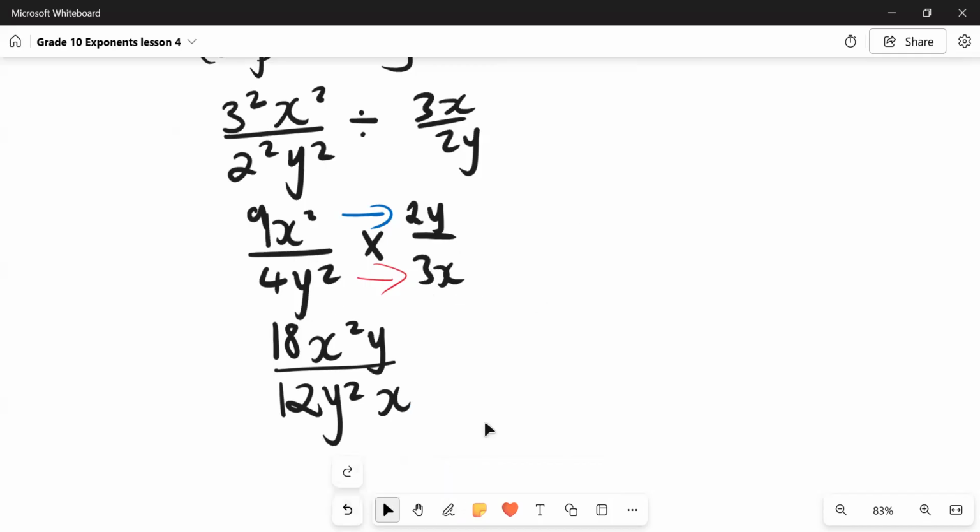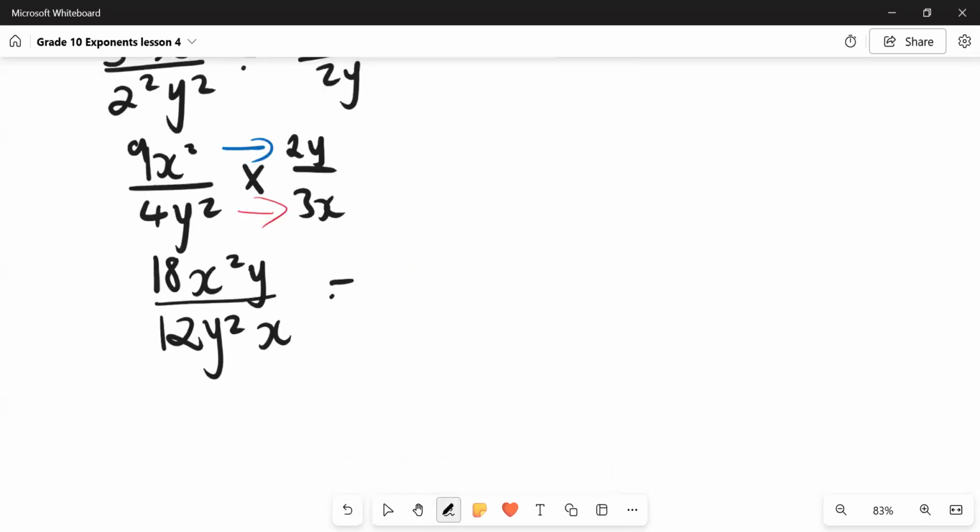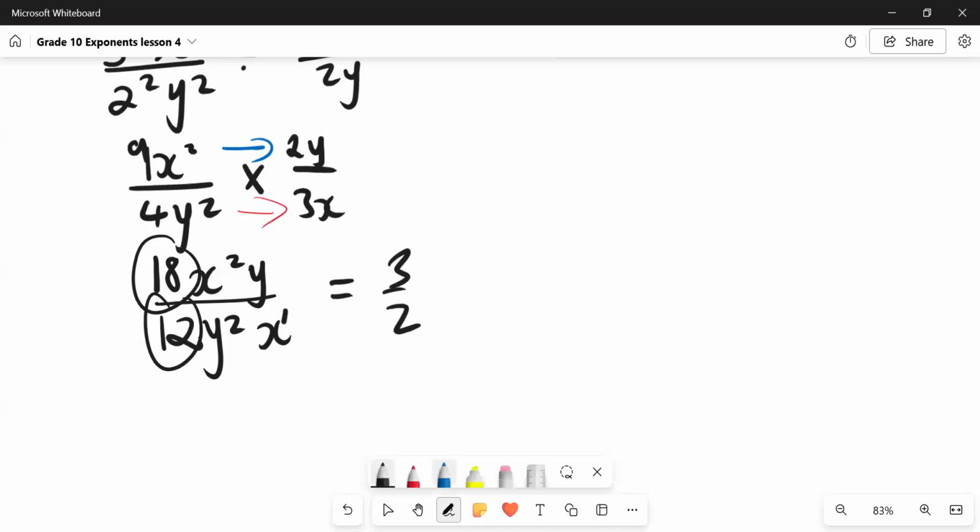And then from here, just simplify. 18 divided by 12 is just 3 over 2. Take care of x and x: x squared divided by x to the power 1 will give us 2 minus 1. And y to the power 1 divided by y squared, you will have y to the power 1 minus 2.